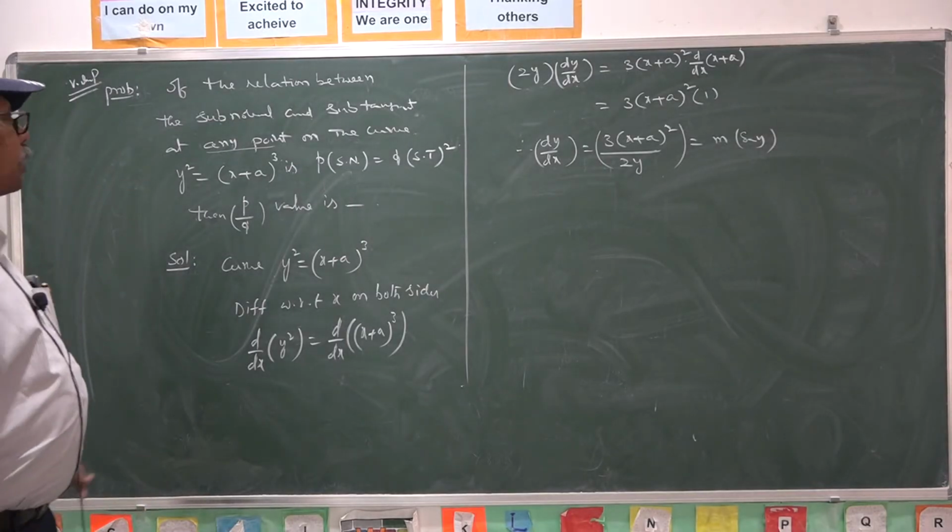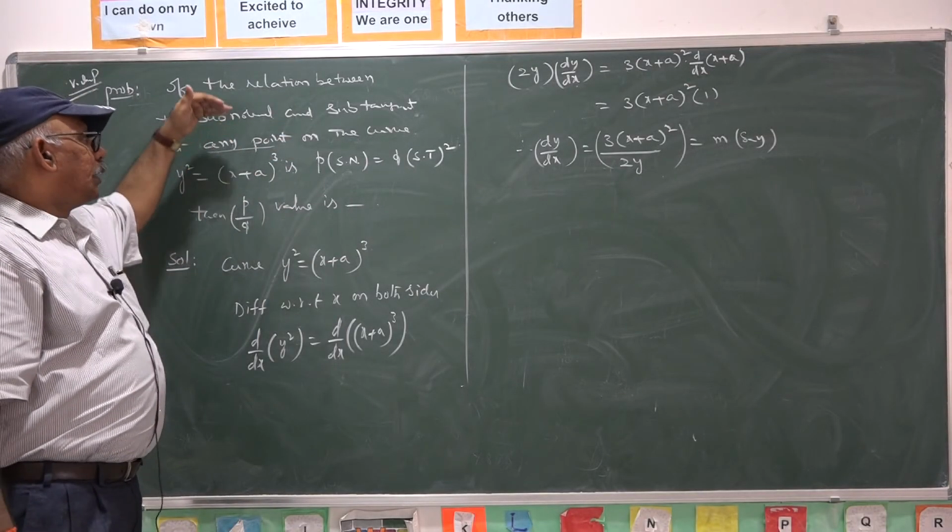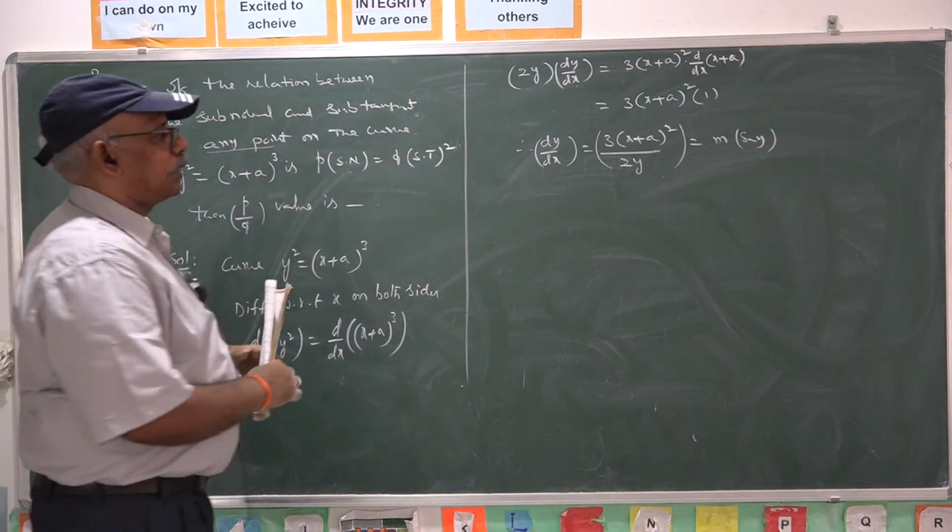So, at x comma y, general point, let us consider the subtangent and subnormal.